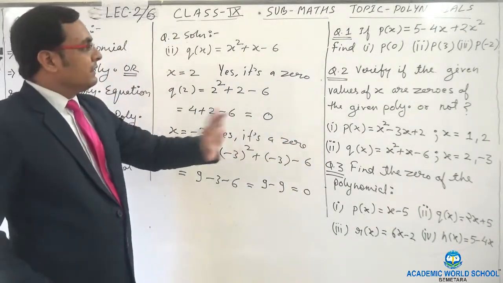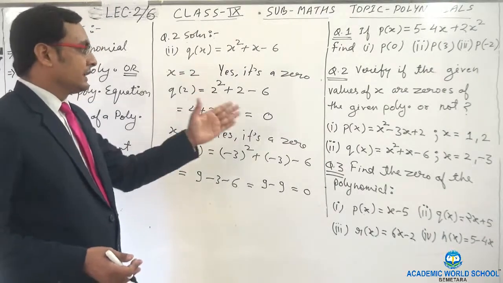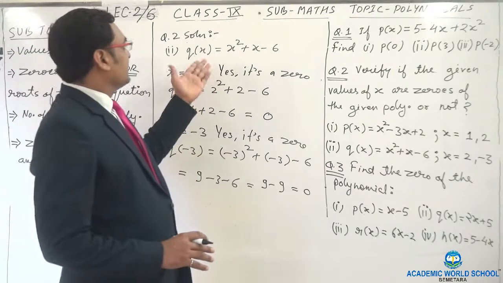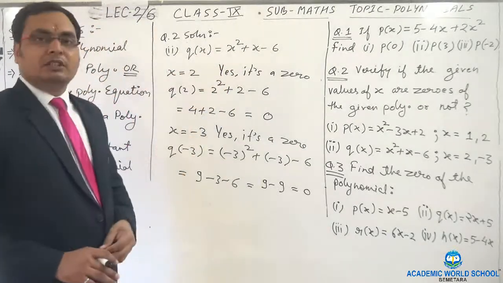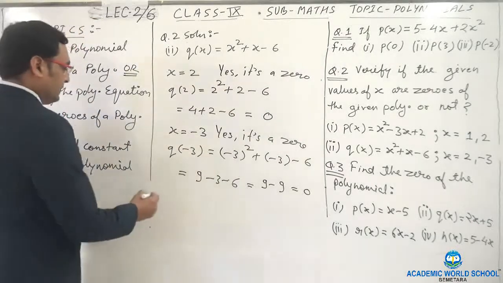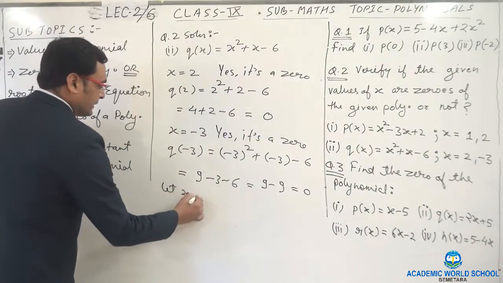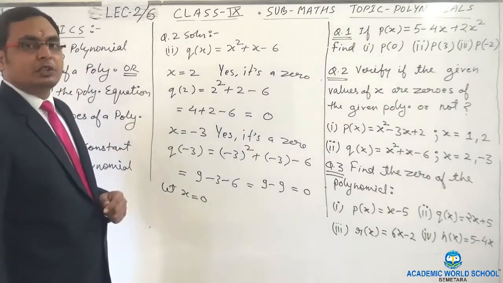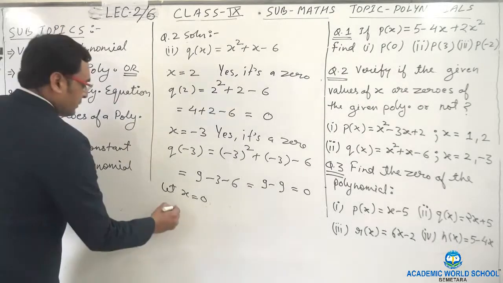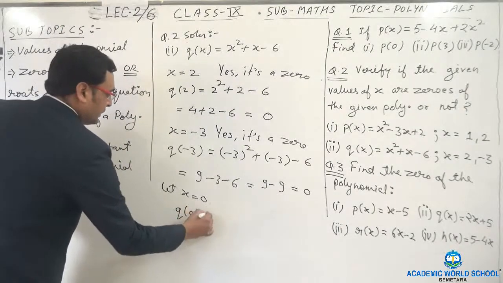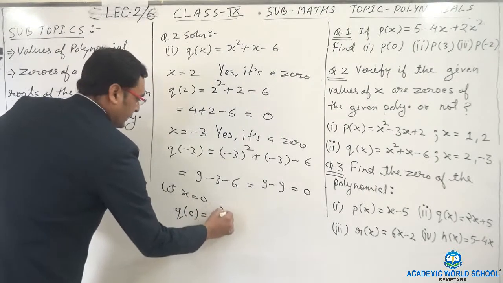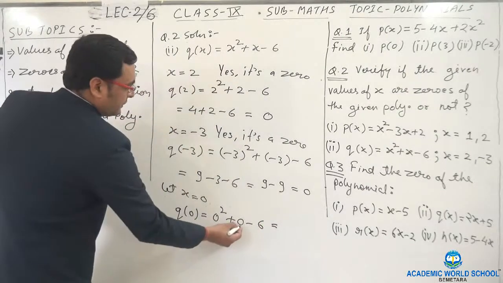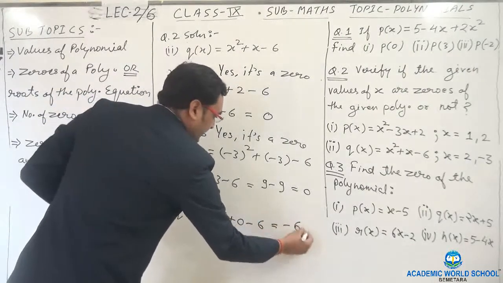Till now, all the values of x are the zeros of the given polynomials. Now we should check one more value to see whether the value of this polynomial will become 0 or not. For example, let x is equal to 0. Check whether the value of this polynomial becomes equal to 0 or not. So q(0) is equal to 0 square plus 0 minus 6, this whole term is 0, this whole term is 0, the answer will be minus 6.